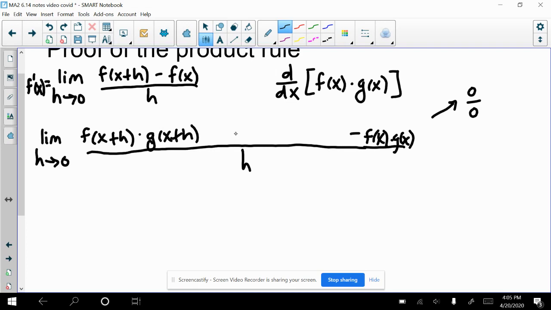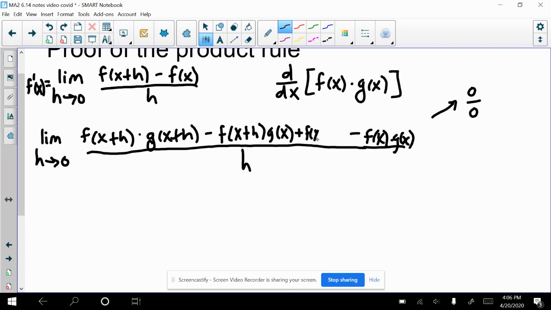But if I add something in and then right away subtract it out, then it's like a very fancy looking 0 that I've put in here. And it just so happens that this trick of adding in f of x plus h times g of x, and then right away subtracting it out, actually, adding it back in. So here's me adding it in, and here's me subtracting it out.